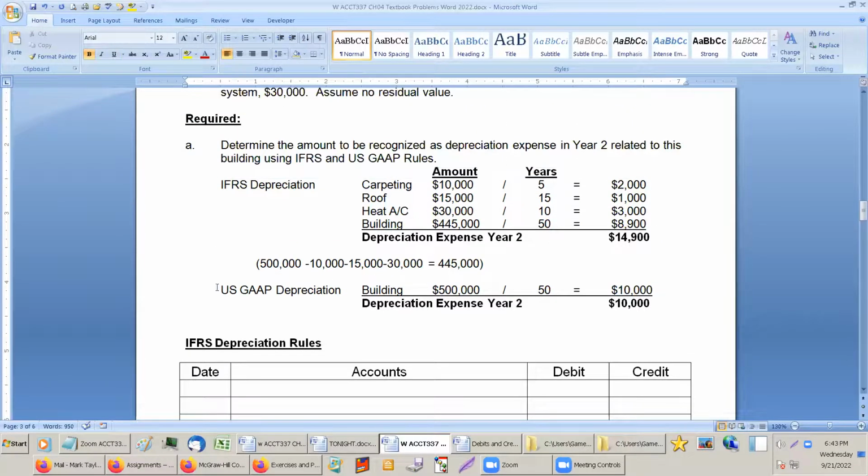Now, you might be wondering, why doesn't GAAP depreciate all this other stuff? Why are they depreciating the stuff and GAAP isn't? US standards aren't, and it comes down to what we would term maintenance.